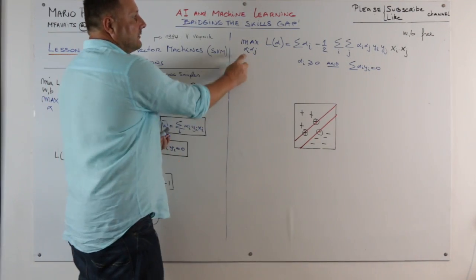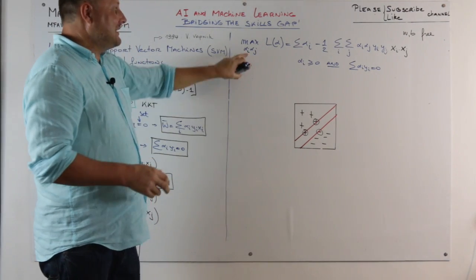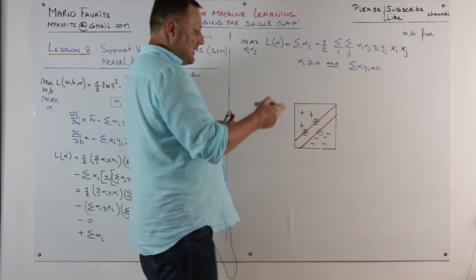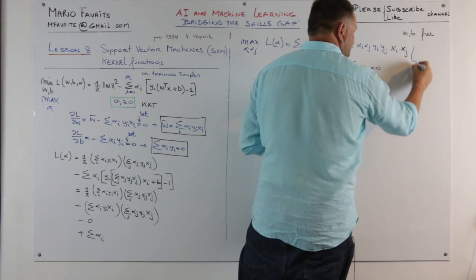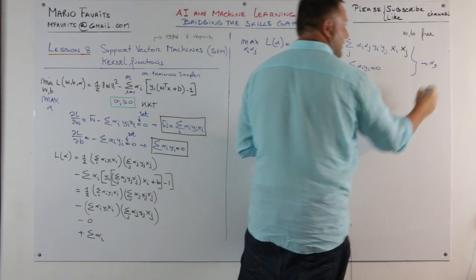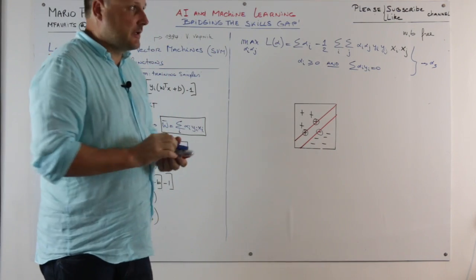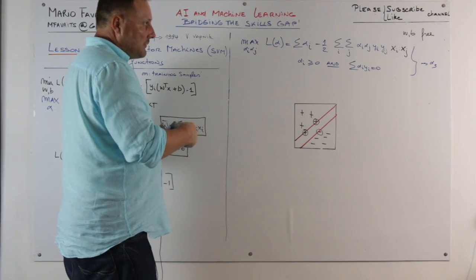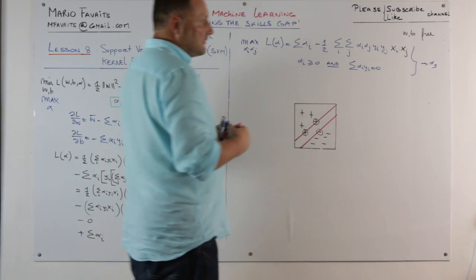Alright, let us now take a look at that expression. We need to maximize over the alphas, and that expression here basically will give you the alphas. I'm not going to do this here, it's not necessary, but there are a few interesting things you need to see.